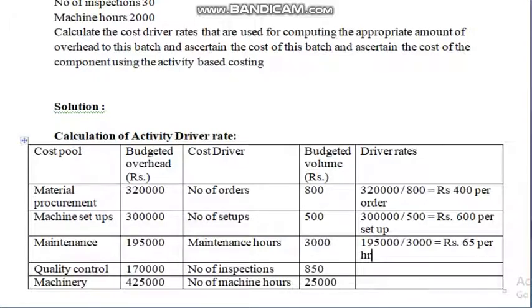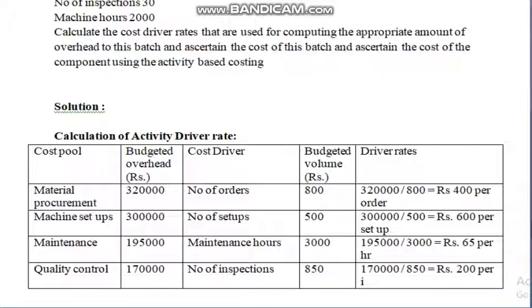Then the next cost, quality control, that is rupees 1,70,000 divided by number of inspections, 850. So per inspection is rupees 200 per inspection.